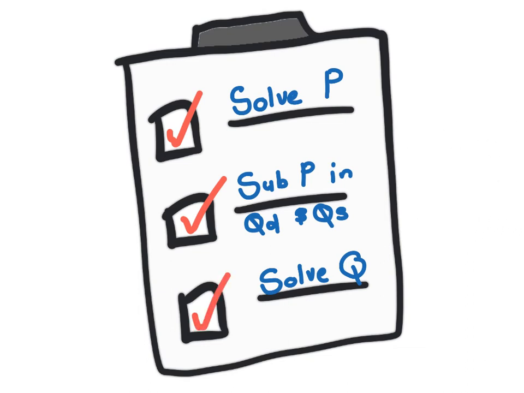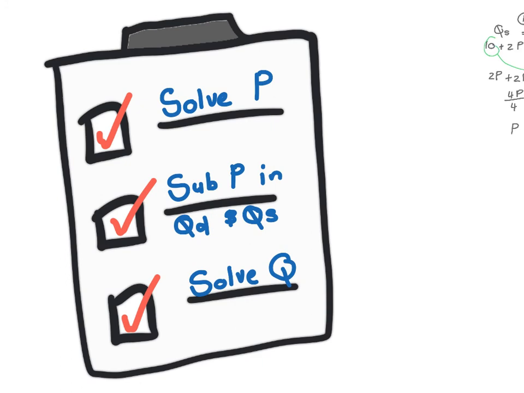And finally, our last step. For step 3, we substituted our calculated value for P into our quantity demand function, giving us the exact same answer of 20. We can therefore confirm that we correctly solved our equilibrium price and equilibrium quantity. Great work!